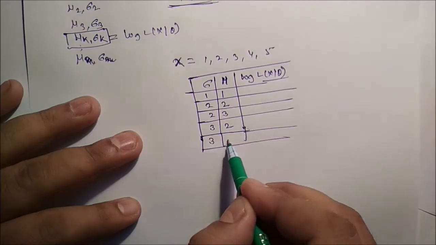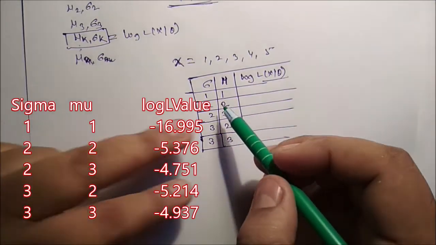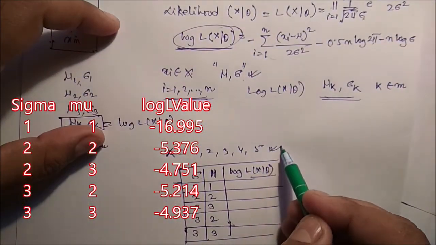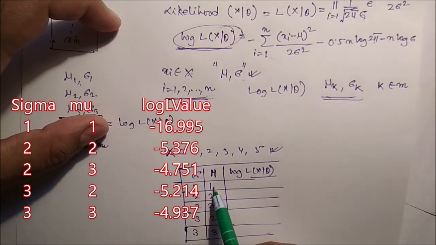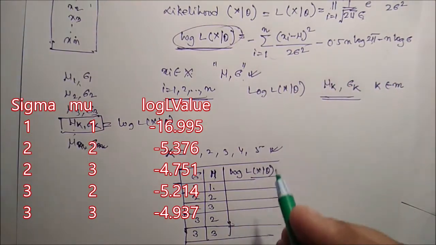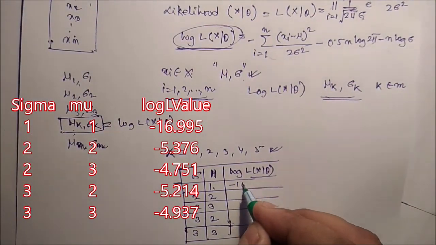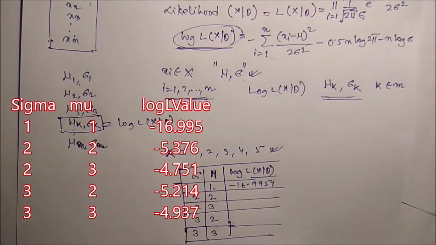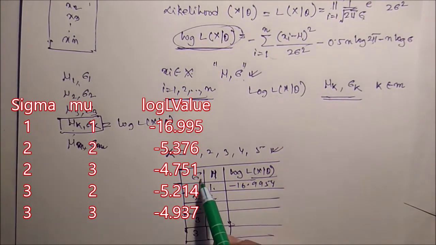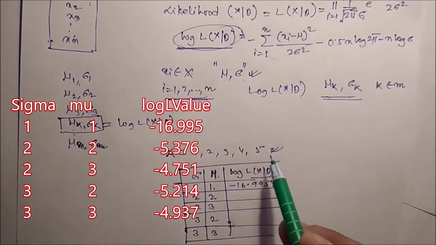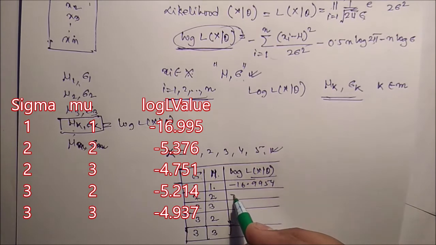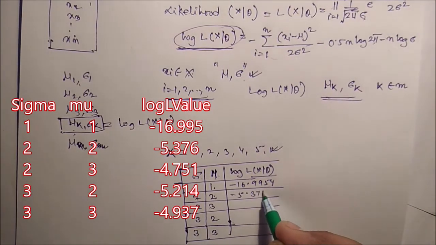If you select sigma equal to 1, mu equal to 1, for the given data, then the value of this particular function is minus 16.9954. Similarly, if sigma is equal to 2 and mu is equal to 2, the value is minus 5.3756.